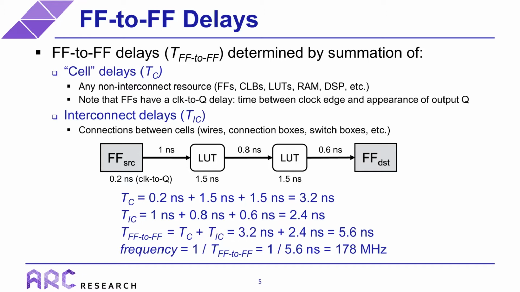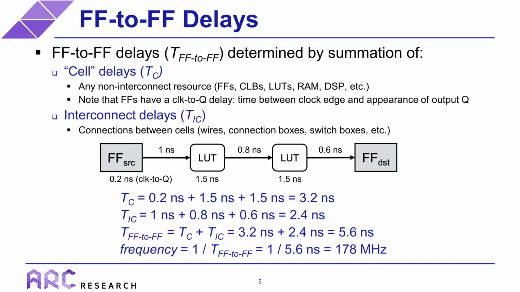Instead, there is a small amount of time, often referred to as a clock to Q delay, that passes before the output appears. Now, interconnect delays are the delays of all the connections between cells, which includes the FPGA's routing tracks and wires, the connection boxes, the switch boxes, basically all of the components of the FPGA's interconnect.